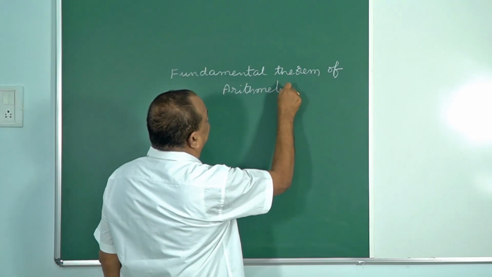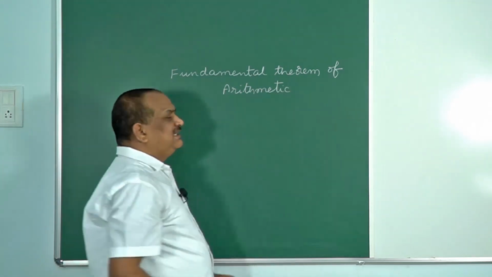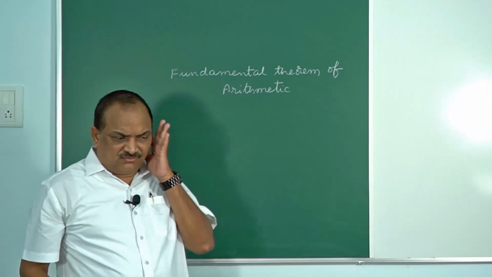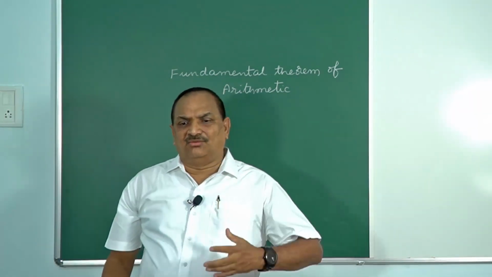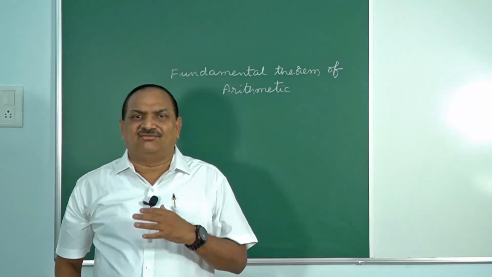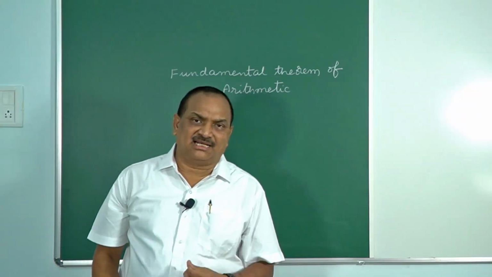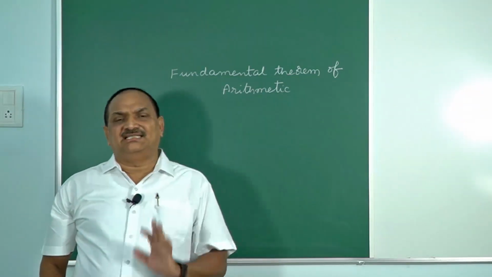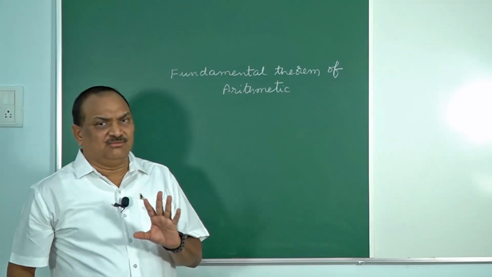Fundamental theorem of arithmetic. So this is a very simple one, and we need not bother much. We must have noticed that right from lower classes, but the only thing is we just generalize and write it now, nothing more than that.